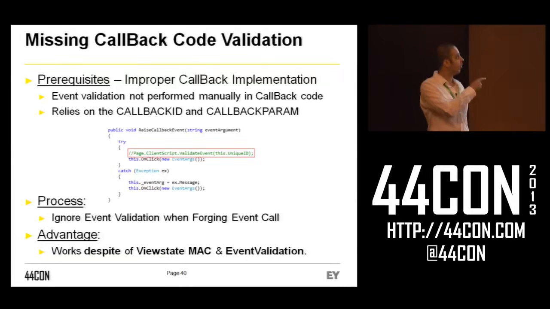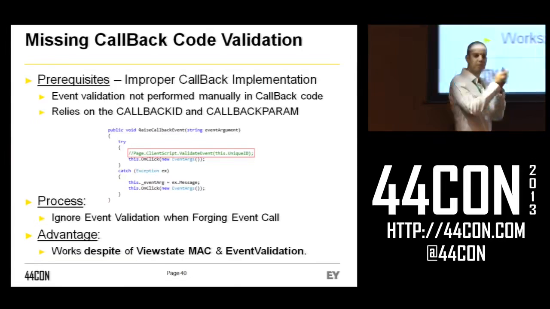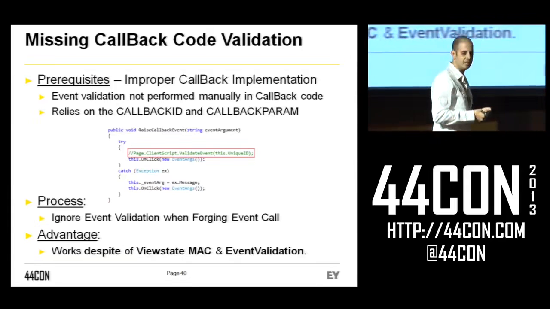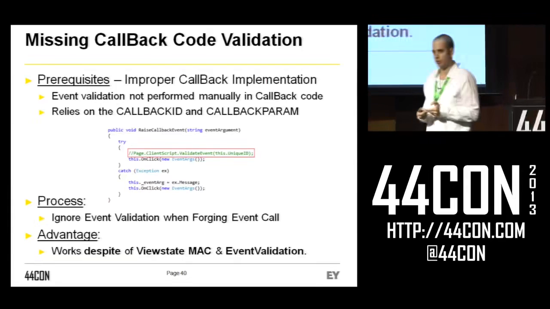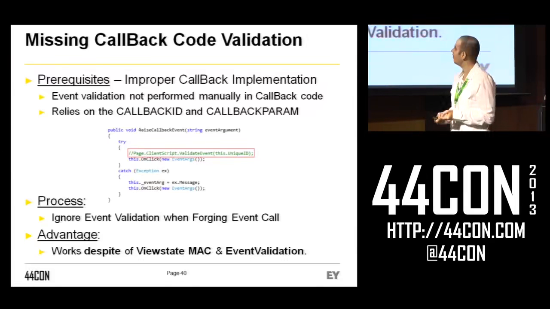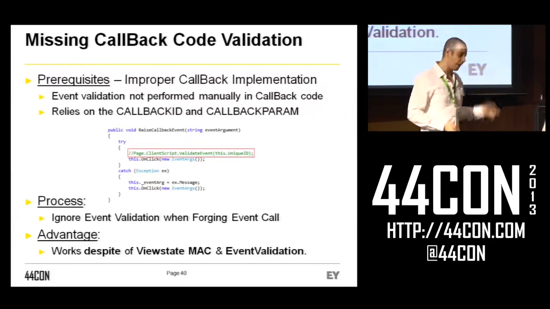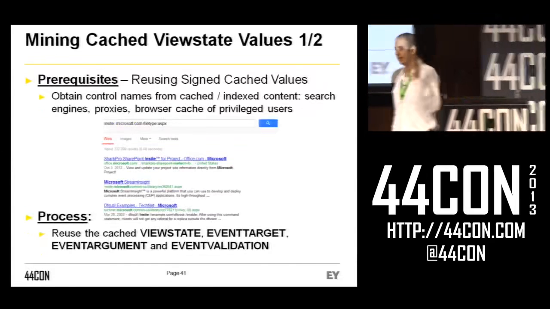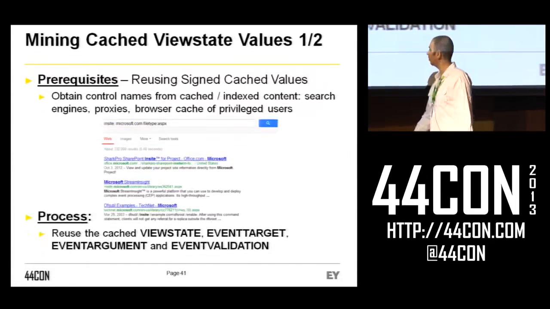And if that callback validation code is commented, even if the MAC is enabled, even if the validation properties are enabled, even if all of the protection mechanisms are active, we'll still be able to execute the control regardless of any protection mechanisms that exist. Apart, of course, from scavenging values that can help us from a Wayback Machine or similar cache repositories.